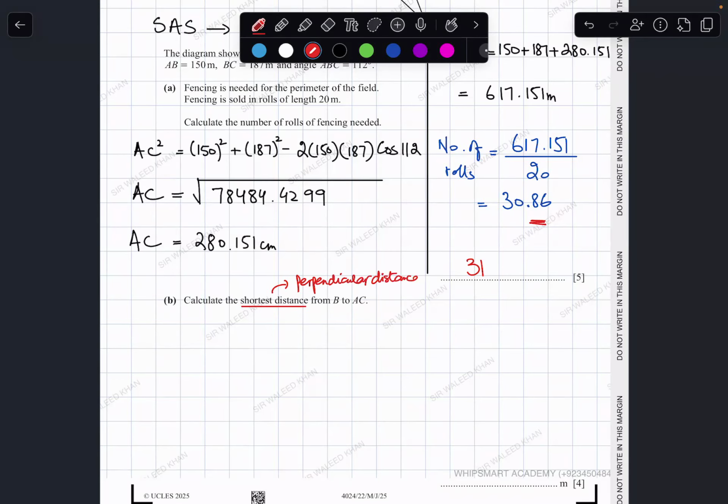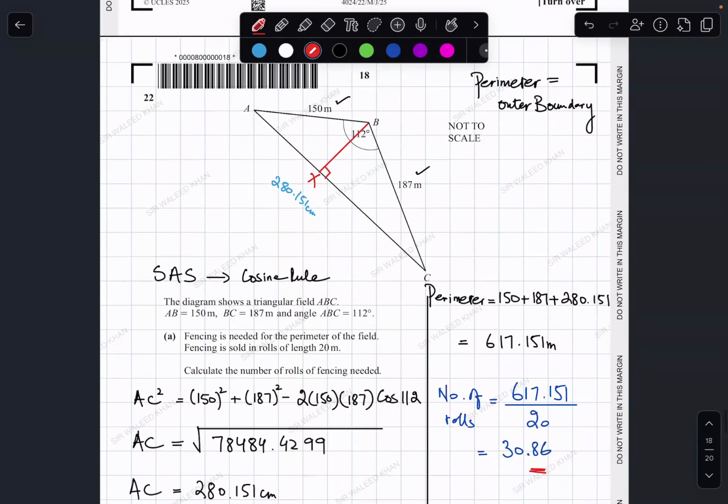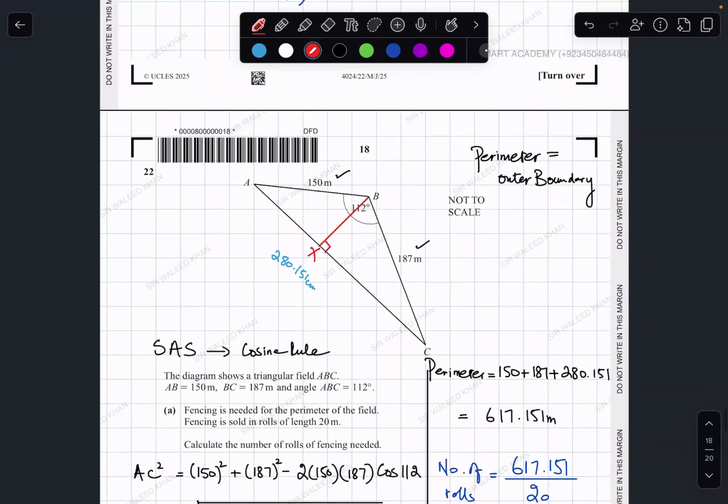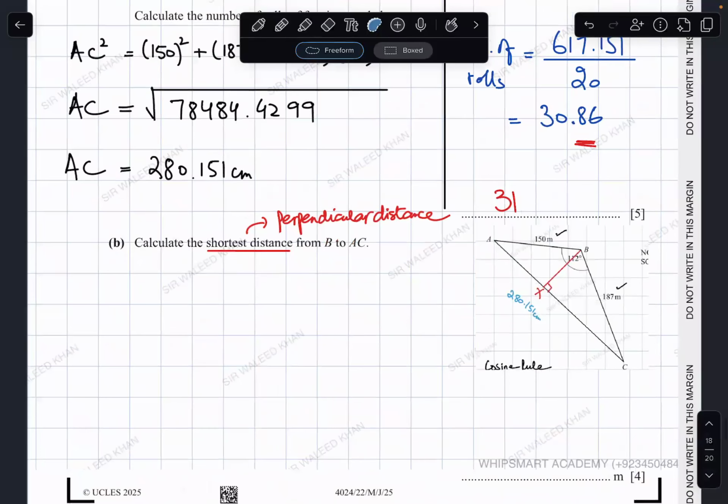Right below that point, B, it will make a 90 degrees angle. Right? So if that is the case, I have to find this length over here.